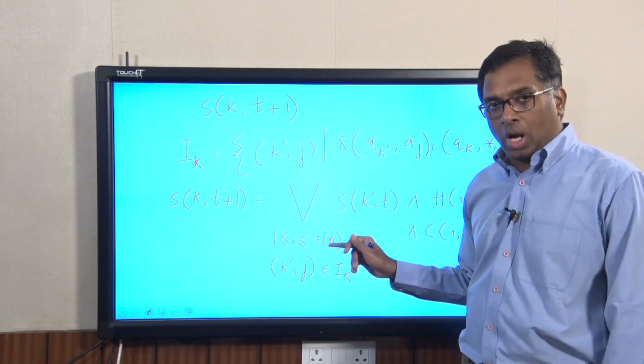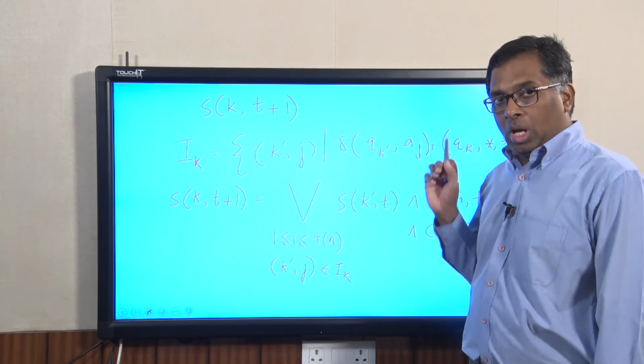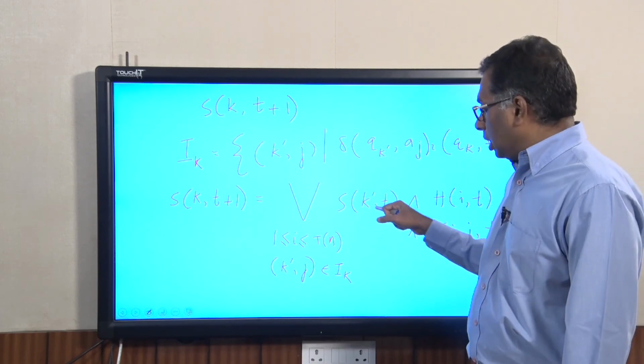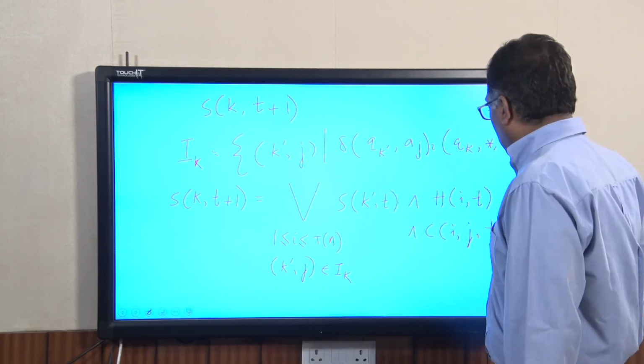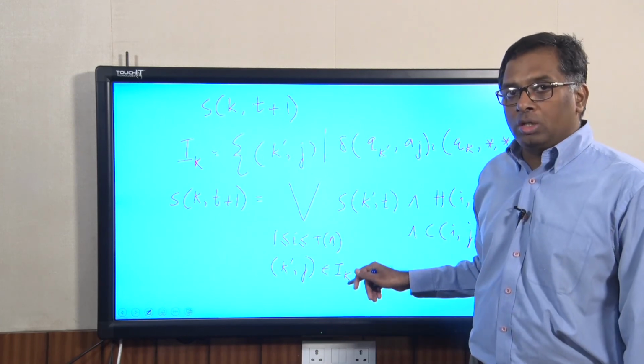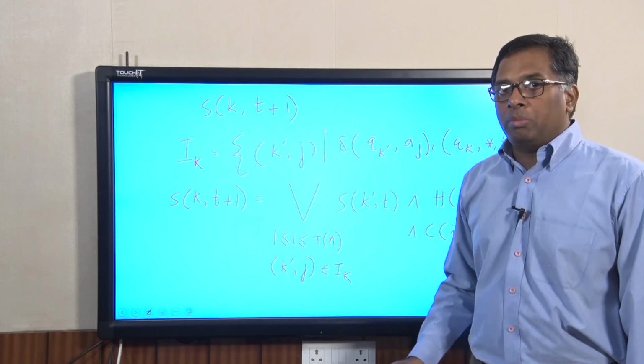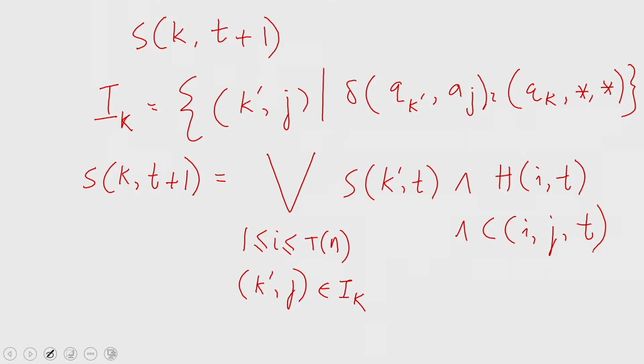If there is some cell I which contained aj in the previous step, and in the previous step the state had been k prime, and this pair k prime aj happens to be a qk state inducing pair, then in step t plus 1 the state has to be qk. Now, this is a much larger Boolean expression than the previous one, because there are many more disjunctions here.